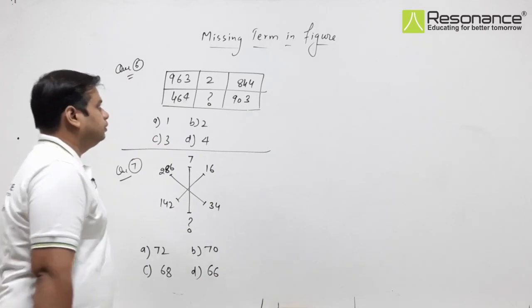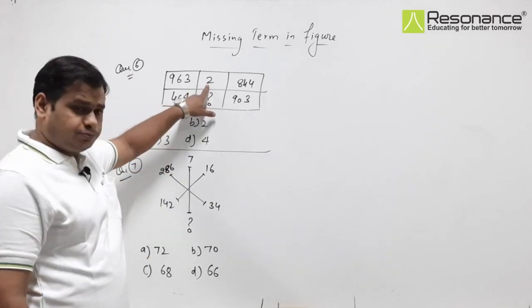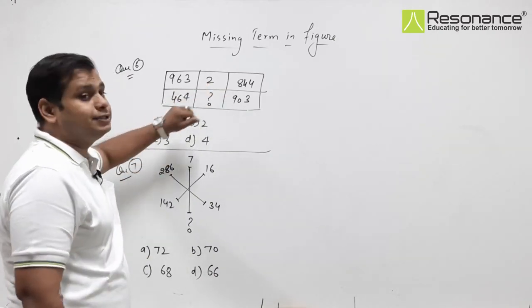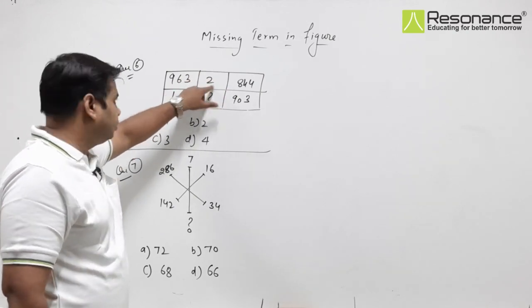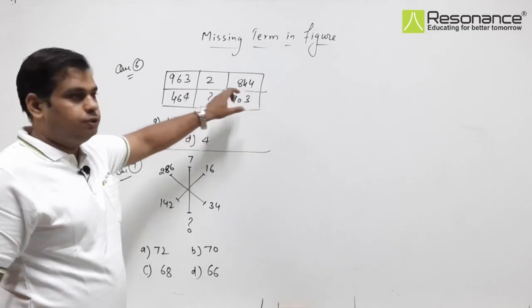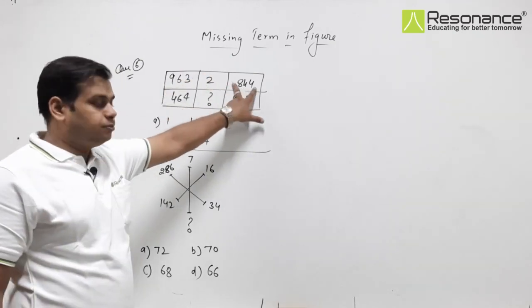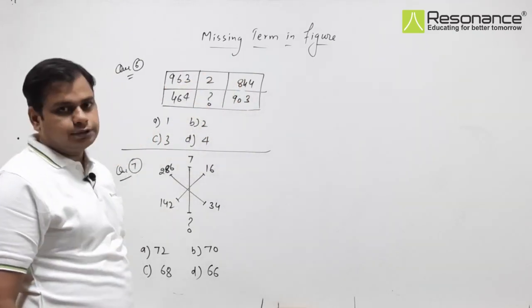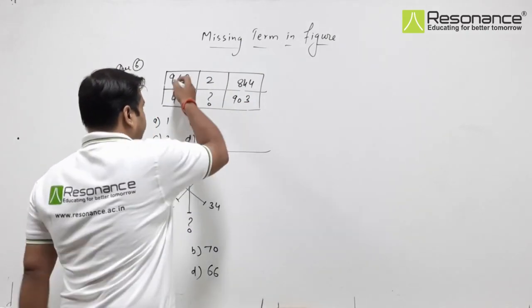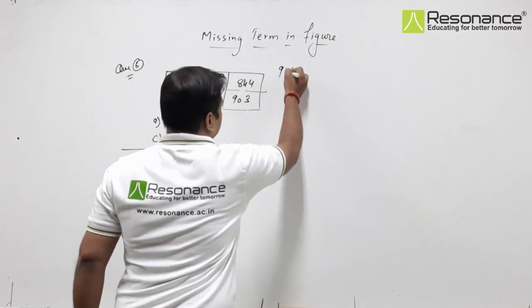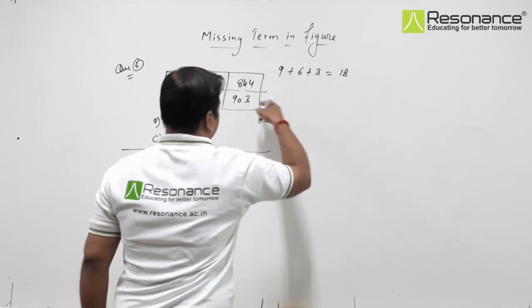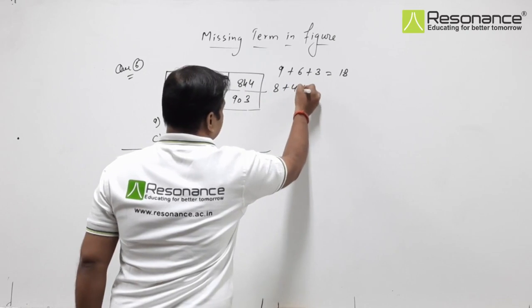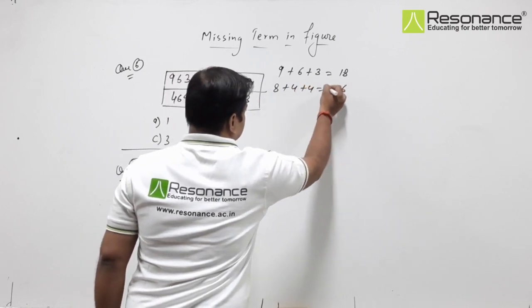So we have to solve these questions. You can see this is a very small number, other numbers are very large, that means this is the resultant number. We have to make this number from these two numbers. Now from these two very large numbers, how can we make this smaller number? Let's do the sum of digits. 9 plus 6 plus 3, 18. 8 plus 4 plus 4, 16.